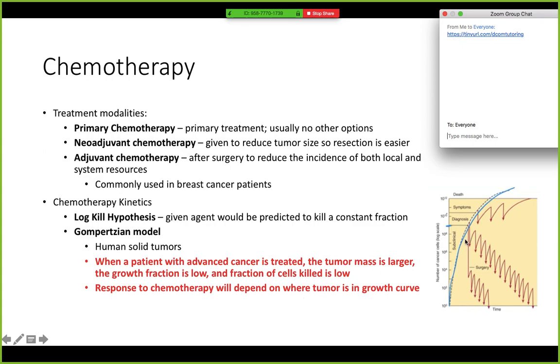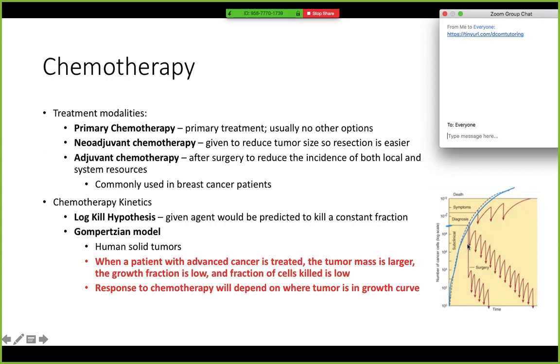So the take home with this is that once the cancer gets past the subclinical phase and you start seeing symptoms, if the first time that patient is presenting to your office is with symptoms, then the odds that you're going to be able to effectively treat that cancer are lower, and you'll continue to see a growth in the cancer, and then potential death.